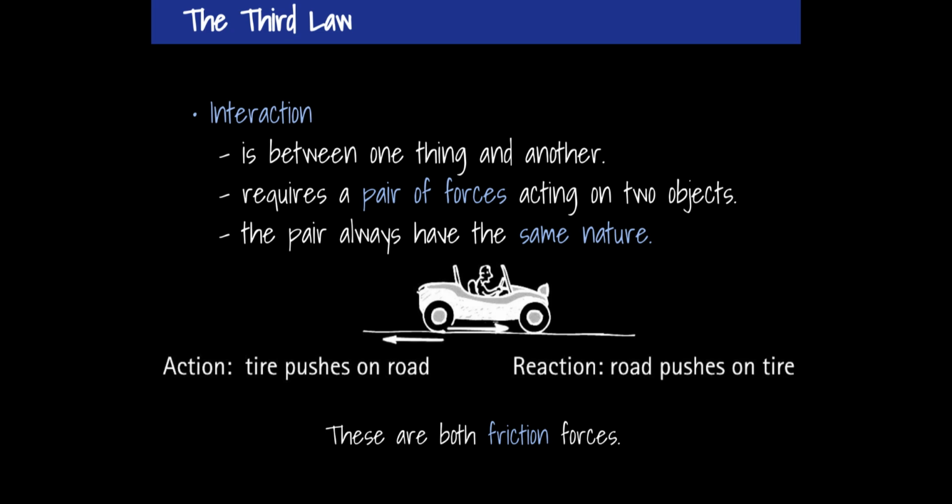What makes the car go forward, accelerate forward, is the force of friction between the car and the road. And you know this because on the car we put nice rubber tires with good traction. If you don't have good traction, then you're going to slip and the car will not proceed forward the way that it's supposed to. Also, we drive on days when the weather conditions assure us that there'll be plenty of friction between the car and the road, because it is the friction force that causes the acceleration.